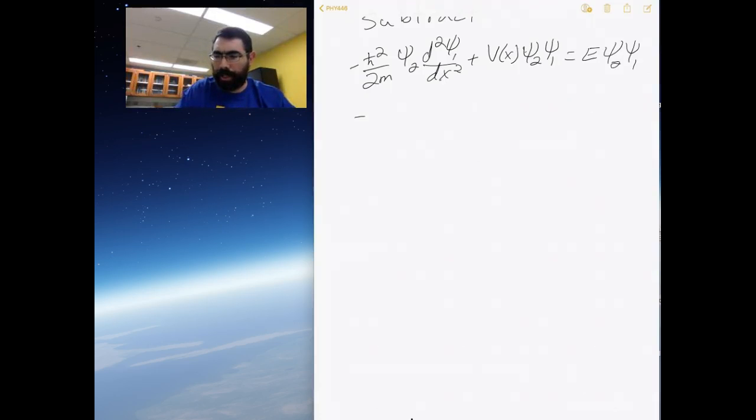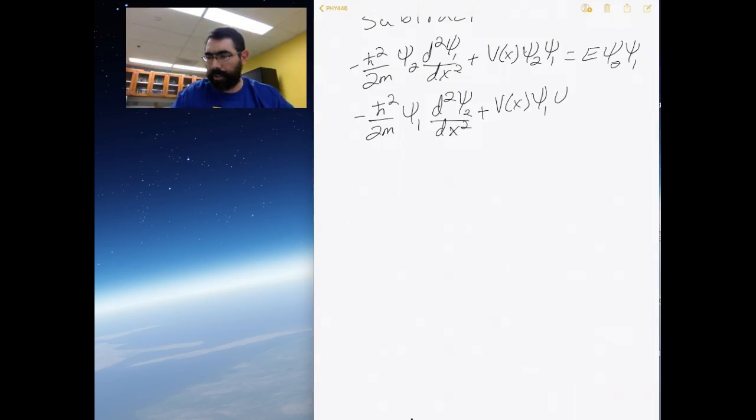Okay, so now let's multiply equation 2 by psi1. So psi1, the second derivative of psi2, plus V times psi1 times psi2 is equal to the total energy, psi1, psi2.